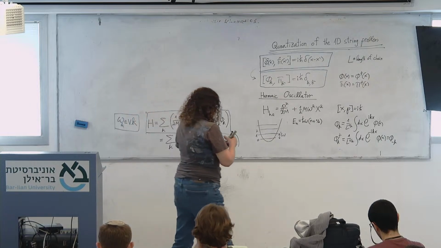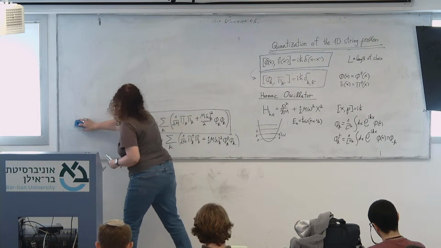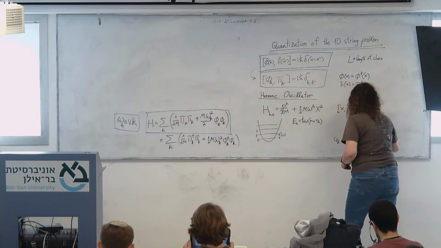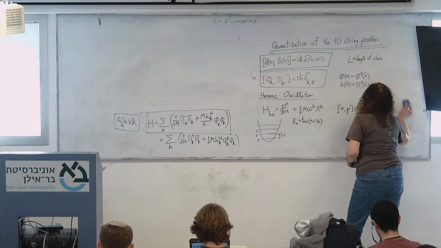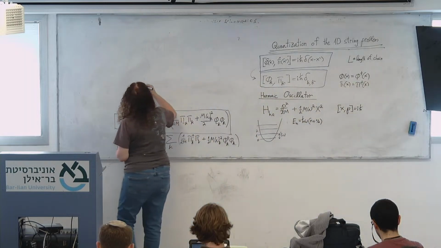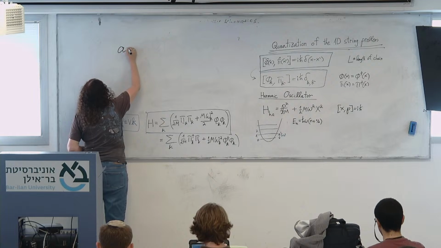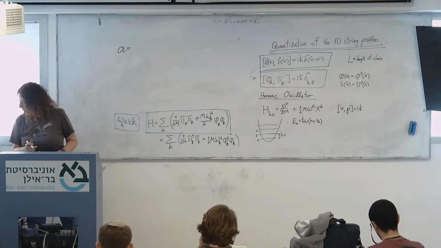Okay. So now what we do for the harmonic oscillator is to define ladder operators. Let me do it here. I'm writing a definition first.